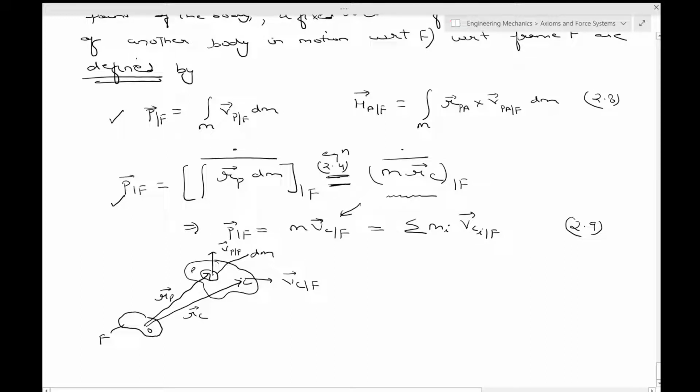After this you can take this time derivative, apply the chain rule, and M dot must be equal to 0 because the total mass of B is constant with time, and that's how you get M V_C by F. And this particular thing M V_C by F can be written as the summation of the small individual parts, each having a center of mass at R_Ci, or the velocity V_Ci. So this is by 2.6.